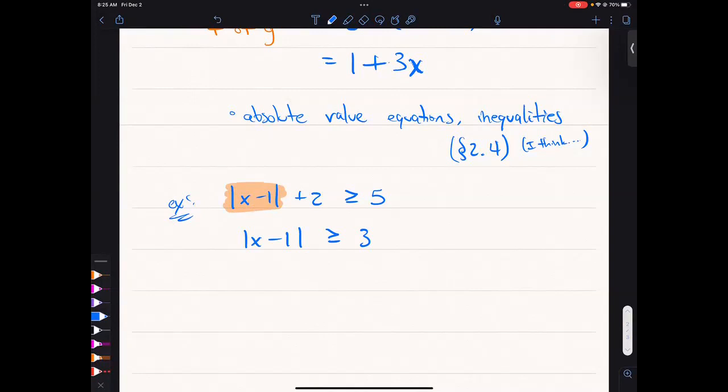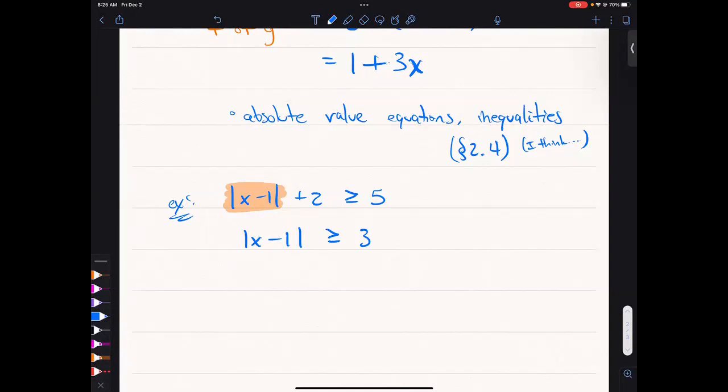And again, that's the same thing we do just about everywhere, right? Then I'm going to think about the thing that I have to think about. This absolute value, don't worry about what's inside it yet. The absolute value of something describes how far you are from 0, right? So what this says is that something that I don't know about yet is 3 or more steps away from 0, right?